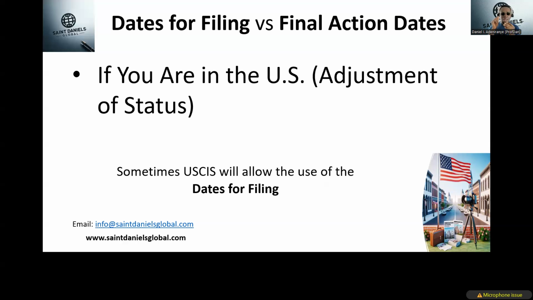Now, my distinguished viewers, my advice is that you always check the USCIS website on a monthly basis to see the latest news and trend, to see if they are allowing submissions based on the date for filing for that particular month or not.